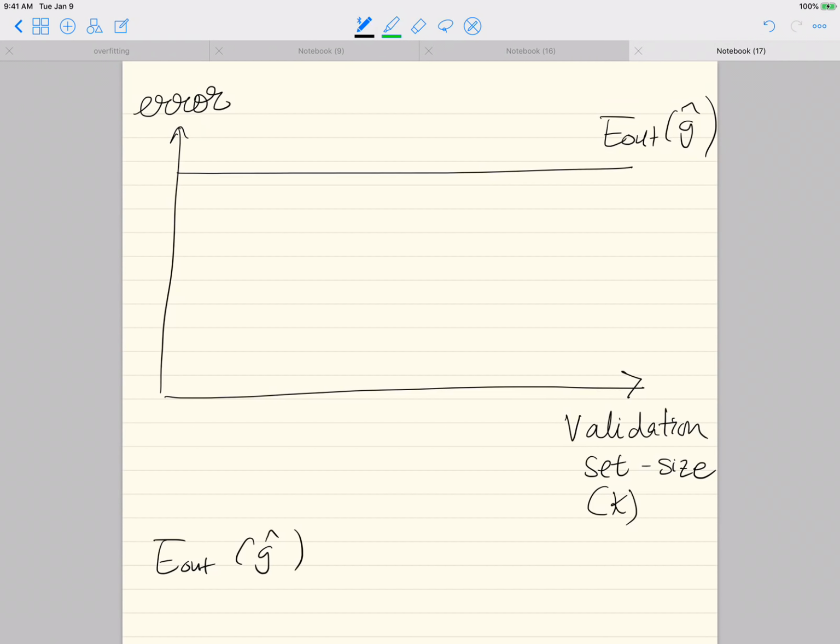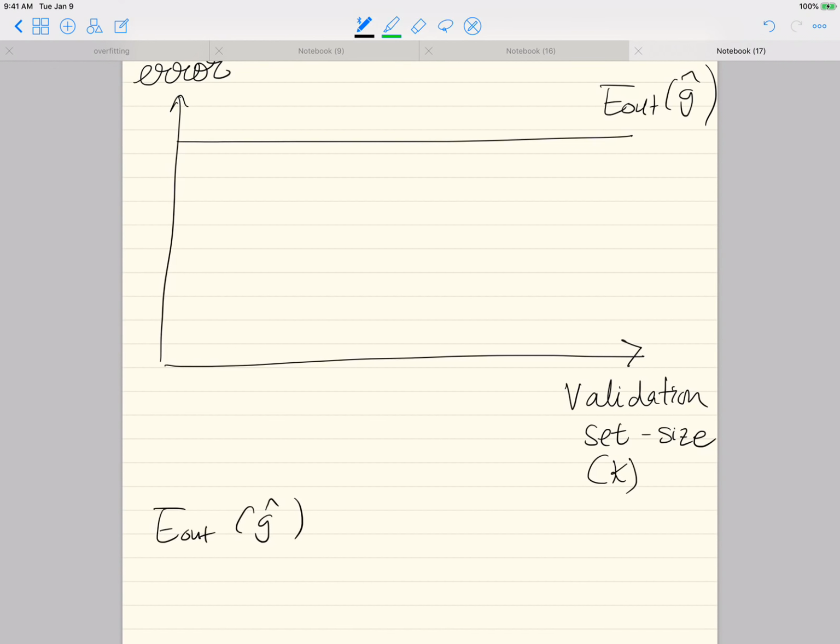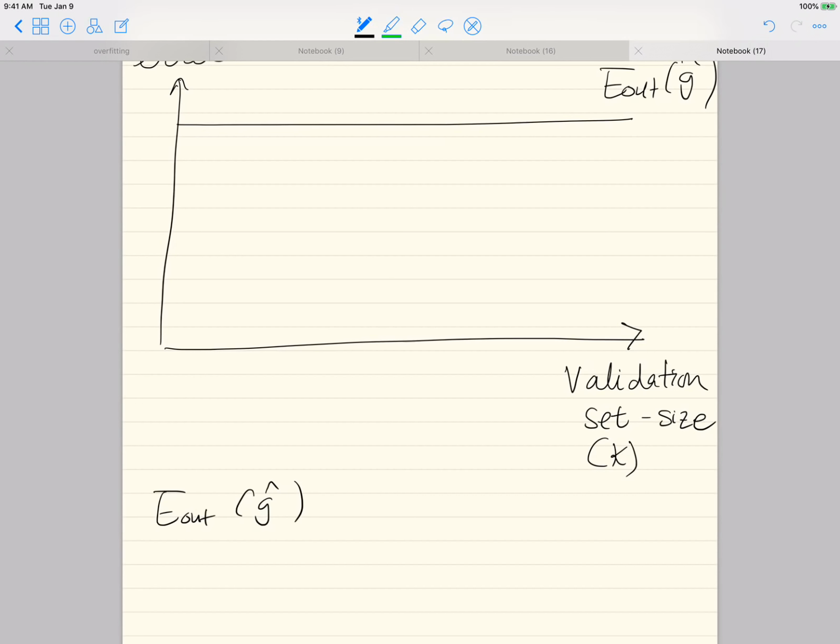Now let's try to compute E out of G minus M star.